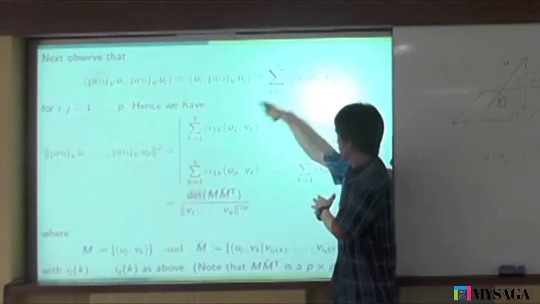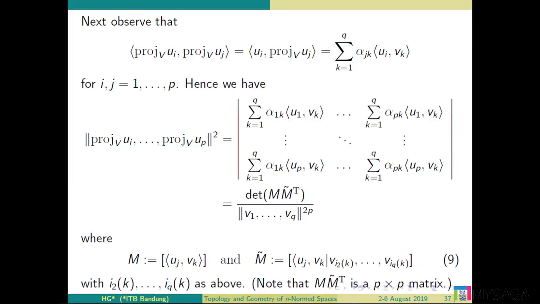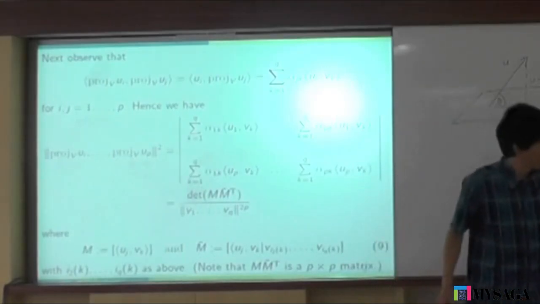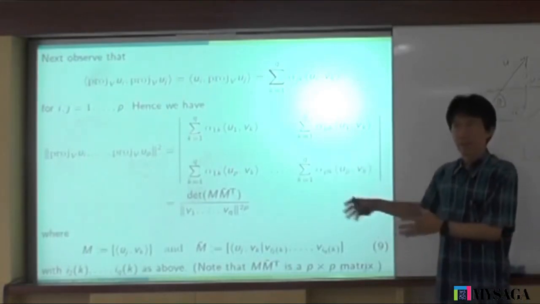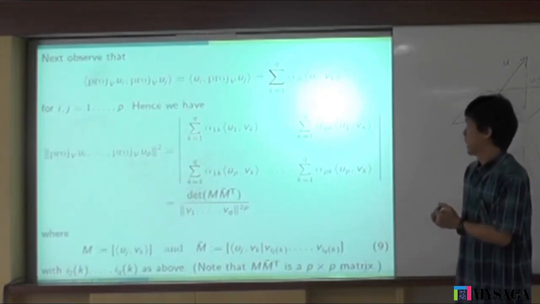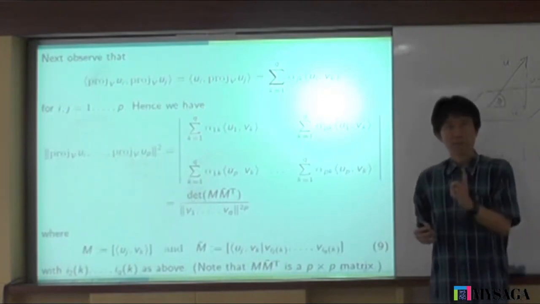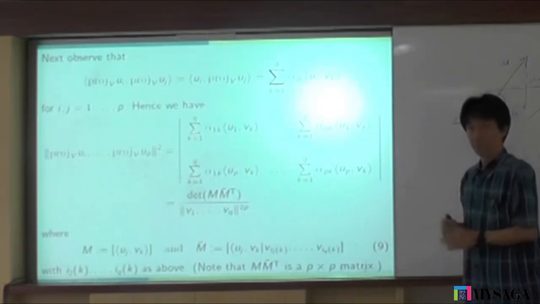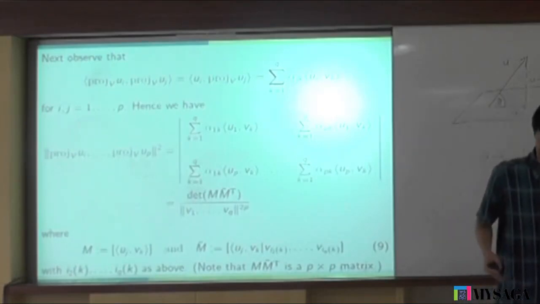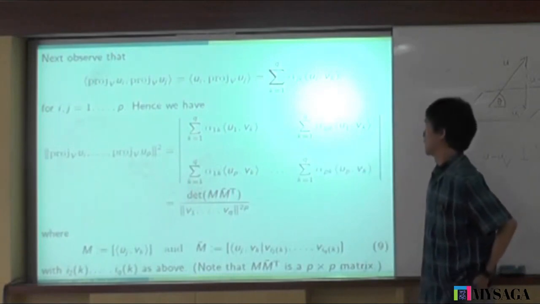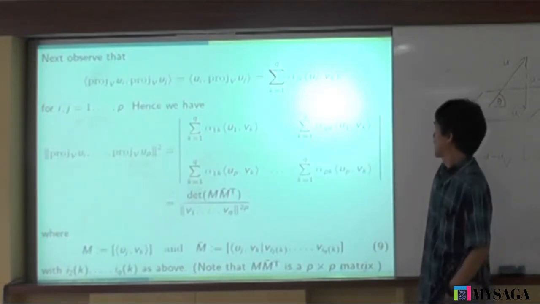You plug all this into the formula of the norm, and then you simplify. It is quite similar to that, but now there are extra expressions here because of the larger dimension Q. If Q is equal to P, then we have a nice result. But when Q is larger, we get a little bit more expressions here.